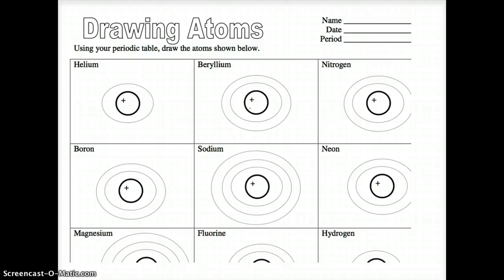So if you completed the drawing atoms page, if you're in Mrs. Brown's class, you can use this as a reference to see the Bohr diagrams. And from the Bohr diagrams, you will be able to see how many electrons are in the outermost shell. You'll be able to see those valence electrons.